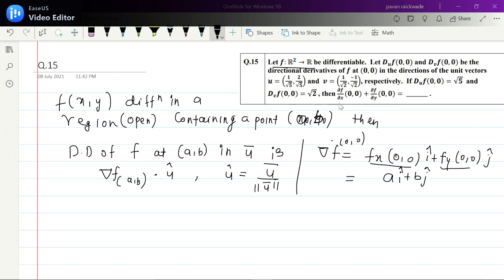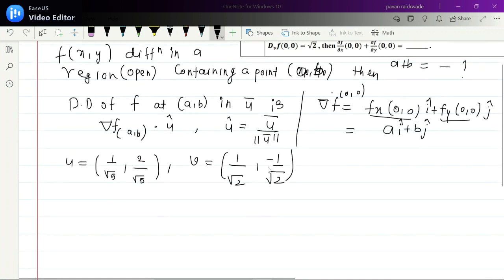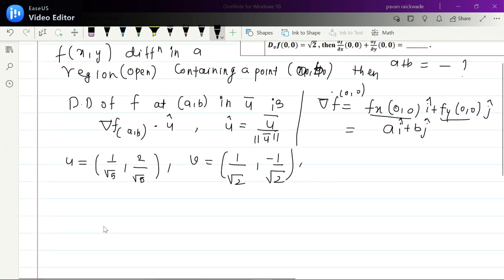Basically what I want is a plus b. Let's use the given data. These two vectors are already unit vectors, because the magnitude of u is the square root of 1 by 5 plus 4 by 5, which is 5 by 5, which is 1. Similarly, the magnitude of v is also 1.